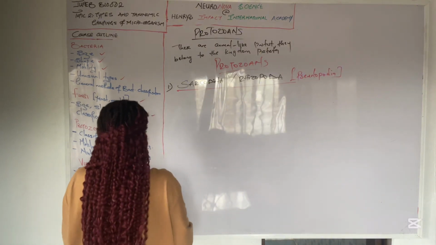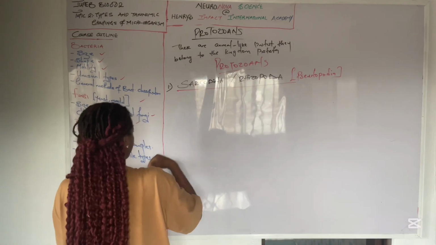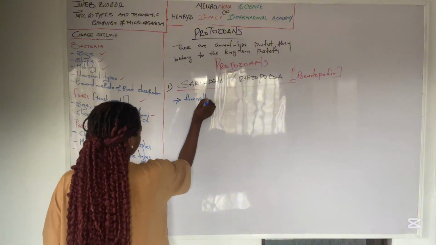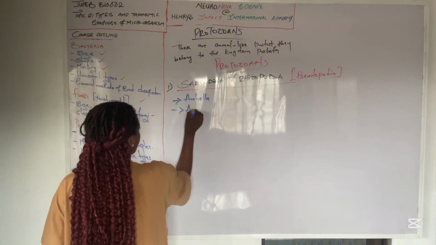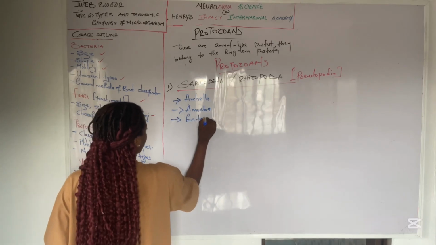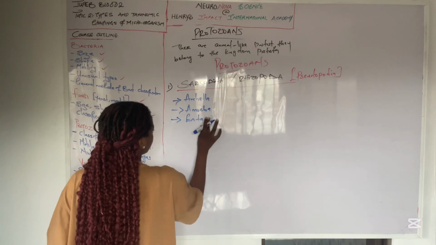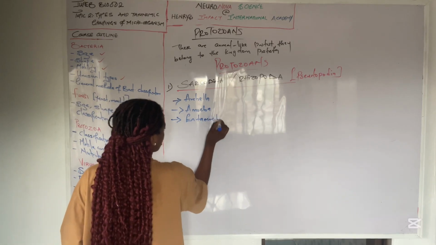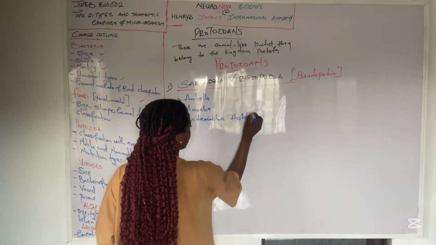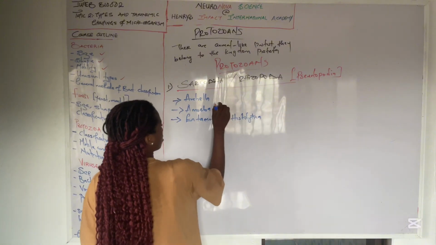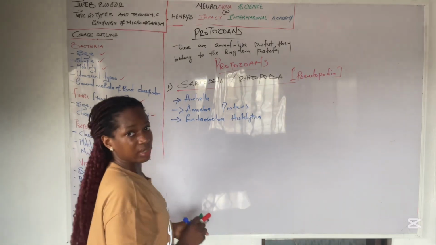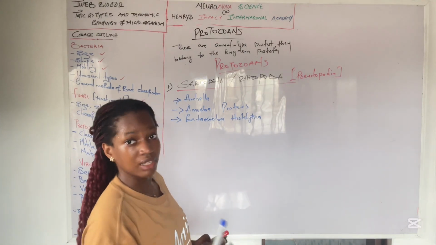Some examples are Arcella, Amoeba, and Entamoeba, specifically Entamoeba histolytica, which you can also call the amoeba protist. Those are the Sarcodina that move via pseudopodia.